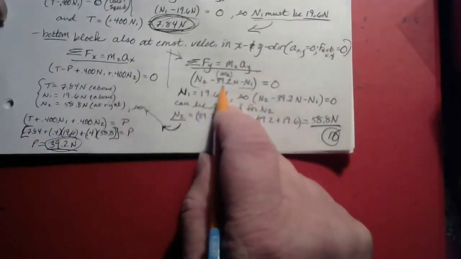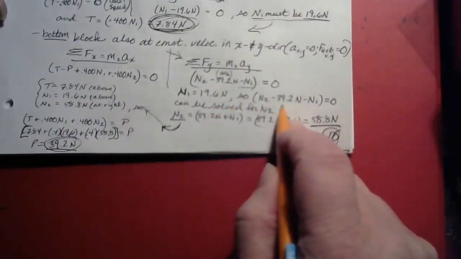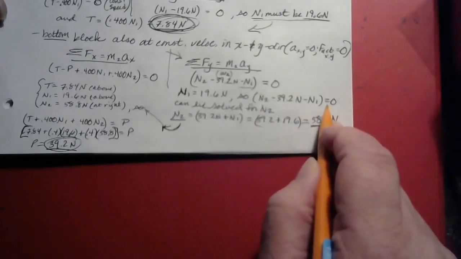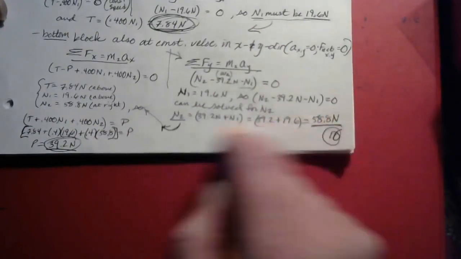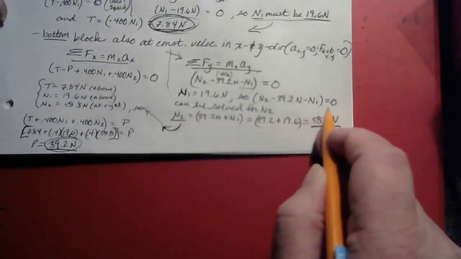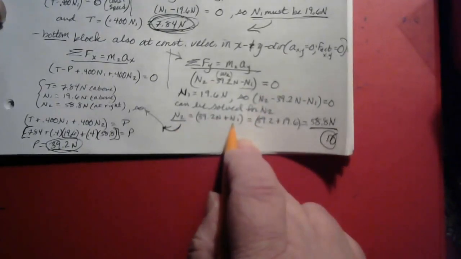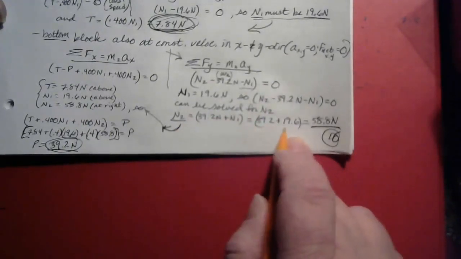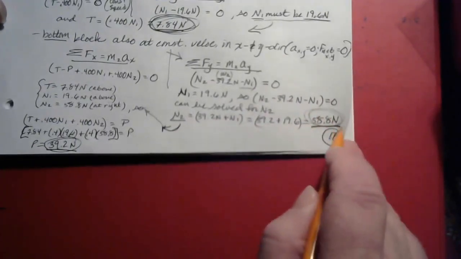So N2 minus 39.2 minus 19.6 equals 0. And therefore we can solve for N2. N2 must be 39.2 plus N1, which is 39.2 plus 19.6, which is 58.8.